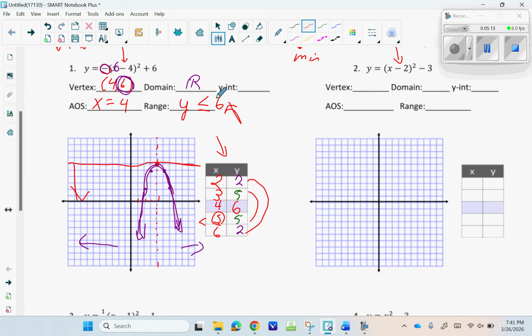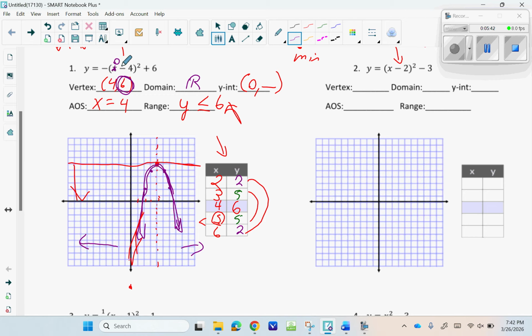Okay. Sometimes I can see where it crosses the y-axis, but we can't see. I have a feeling it's way down here. We can't tell. So if you don't know where it crosses, our y-intercept is always 0, something. So I'm going to plug in 0 for x, and then figure out what my y value is.